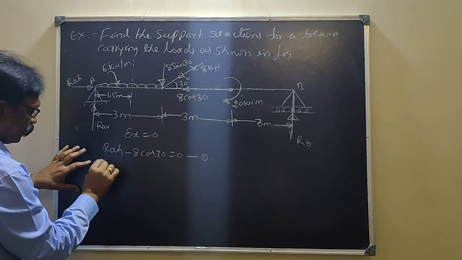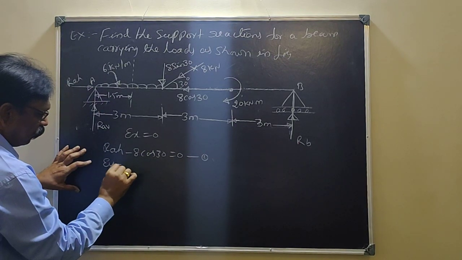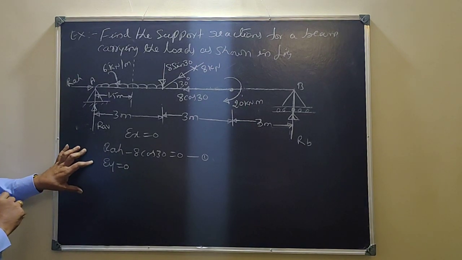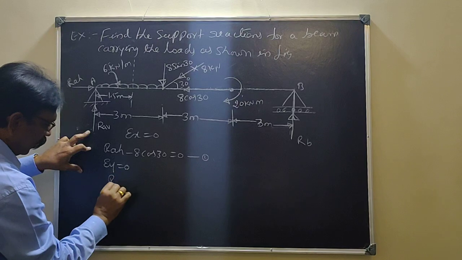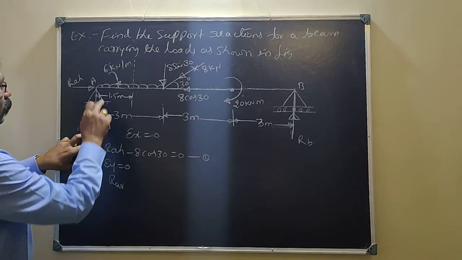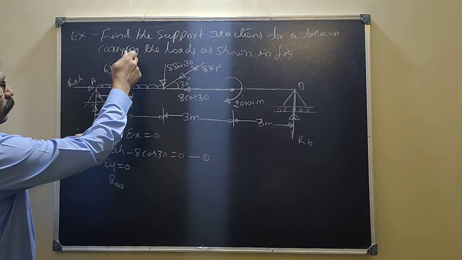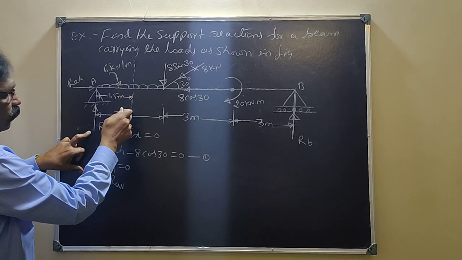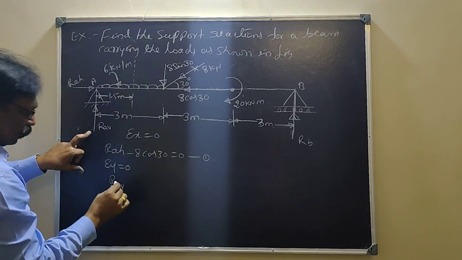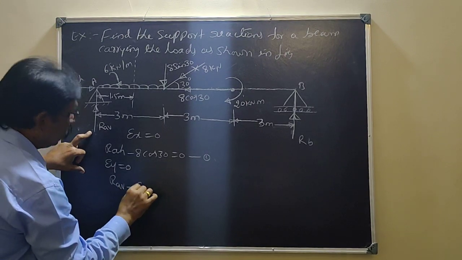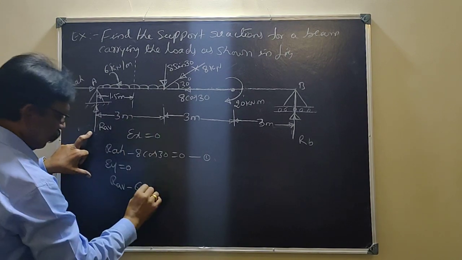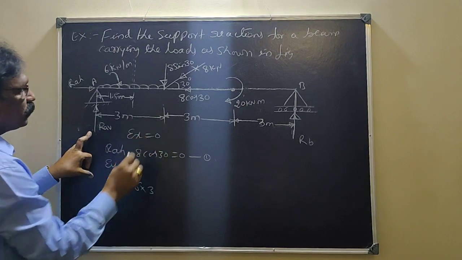Then resolving the forces vertically and equating to 0 for equilibrium, that is sigma y is equal to 0. RAV is an upward force, so positive, and the total load is assumed to be concentrated at the midpoint. So the total load is minus 6 into 3, because it is occupying 3 meters length.